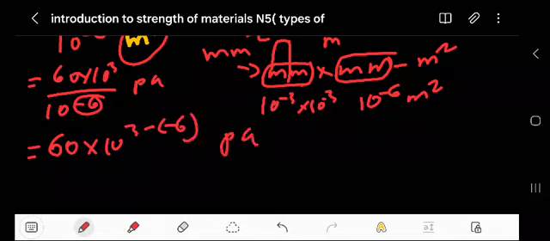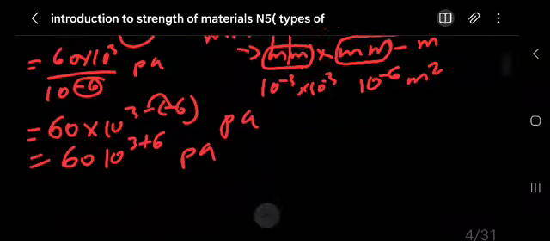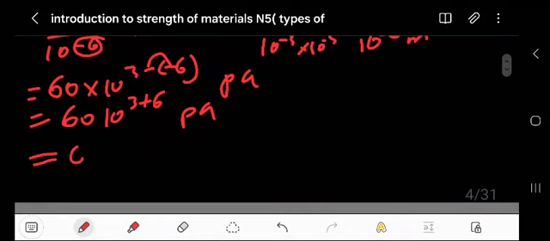Remember, you still have Pascal. Then this will be 60, and when you multiply, that will be times 10 to the power of 3 plus 6. Still have Pascal. Then this is 60 times 10 to the power of 9 Pascal.